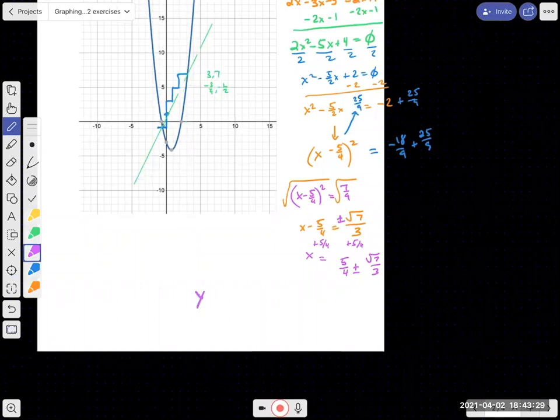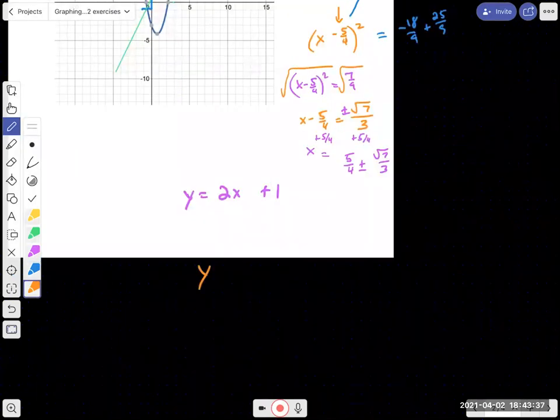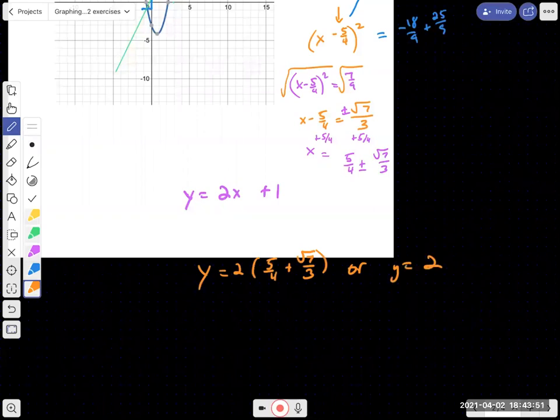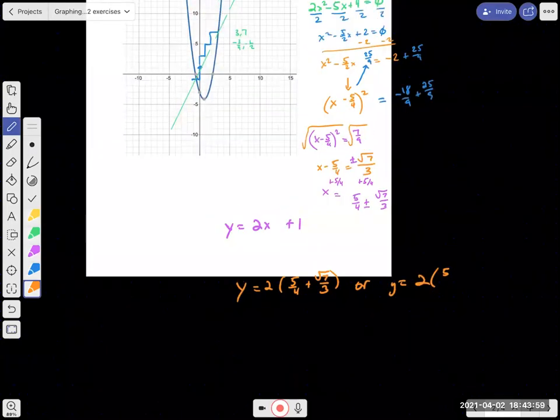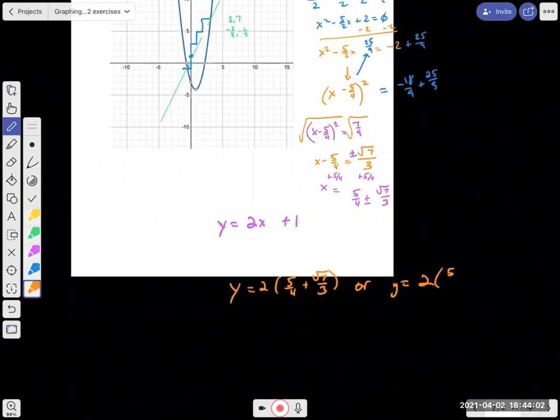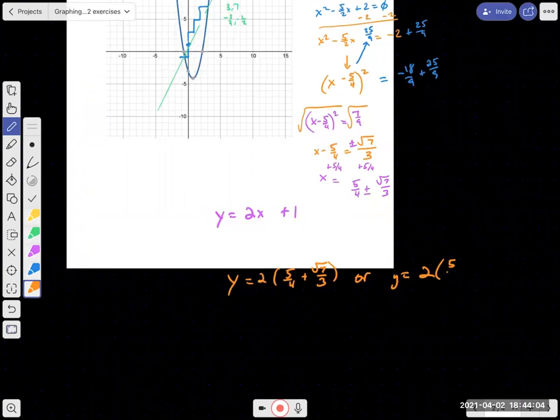So we say y equals 2x plus 1. Okay, so once we're down this path, right, we have to go. So 2 times 5/4 plus square root of 7 over 3, or y equals 2 times 5/4 minus square root of 7 over 3.